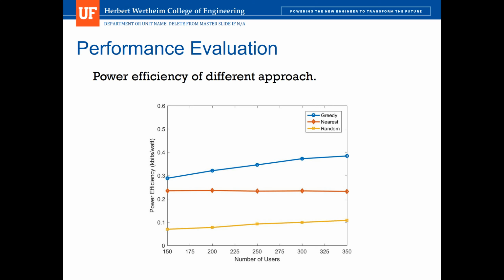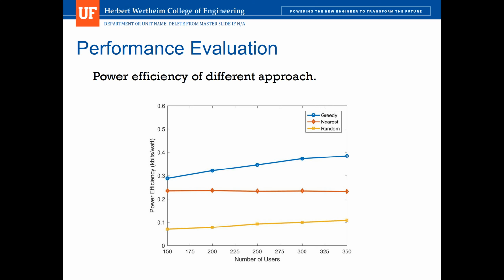We can see that our proposed gradient algorithm is the best of all three algorithms, because we have a better strategy to choose which users and which mobile things will group together. And the nearest algorithm is the next one, which is better than the random one.